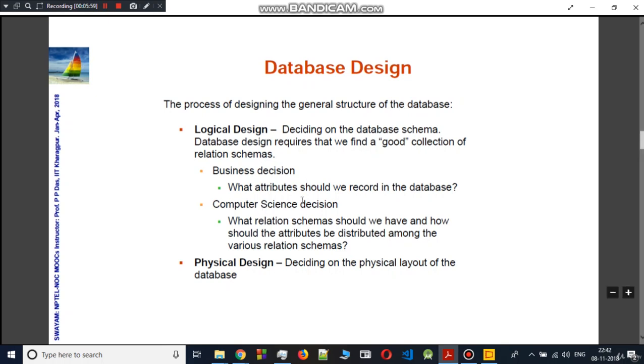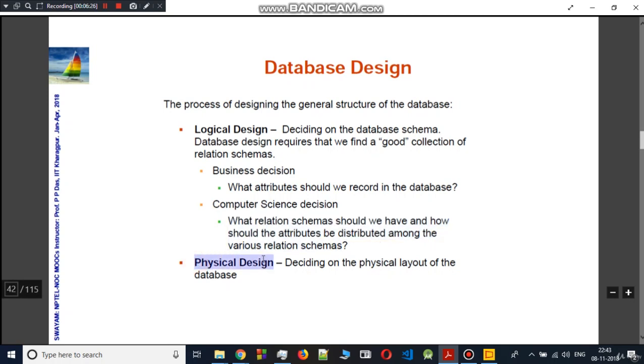Like we have a student and an instructor relation, suppose. The instructor and student have a relation of teaching: the instructor teaches a student. That's a computer science decision. That's what these three lines are saying.